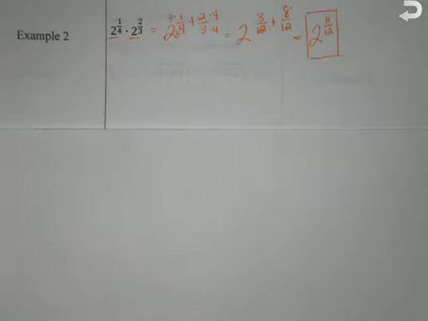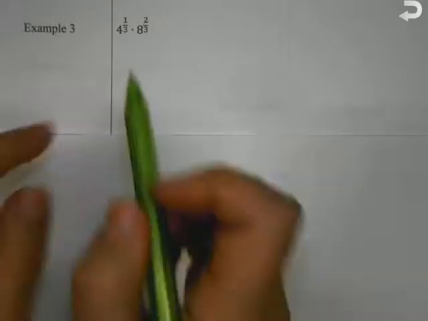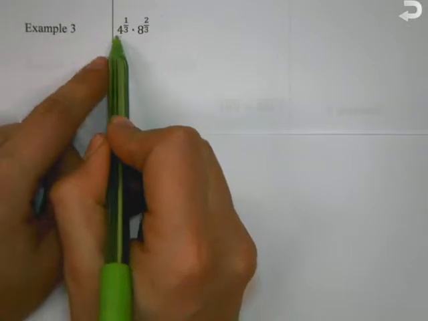Example 3. 4 to the 1/3 times 8 to the 2/3. Okay, here's what I see a lot of. Okay, so we want a base of 4. So 8 is 4 to the 2nd.